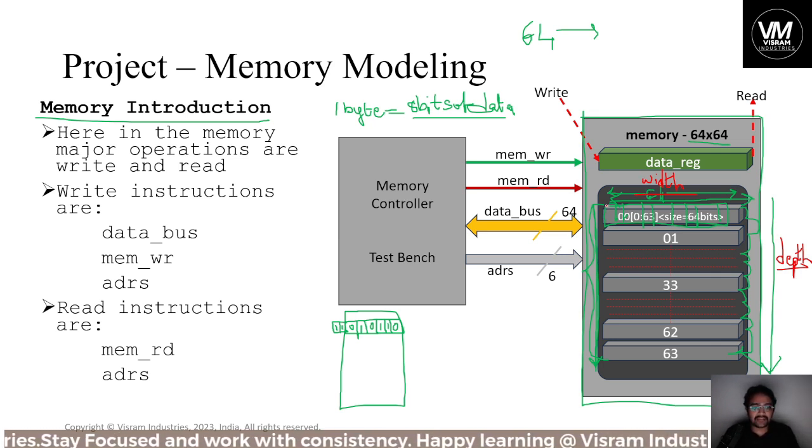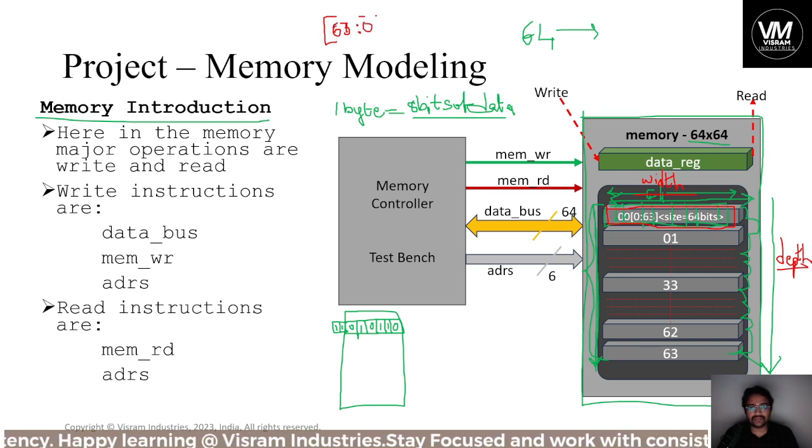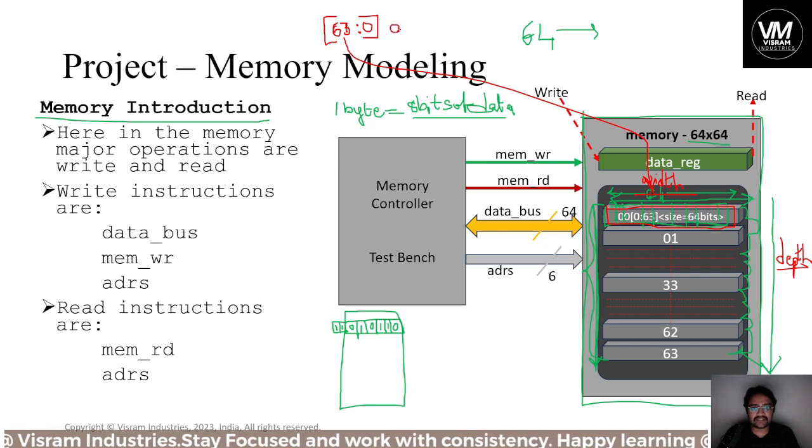But in this one register, call it an array, you can see in an array 63 colon 0 is the number of bits that are available here. Let us call this array as array. And this array is a register data type.